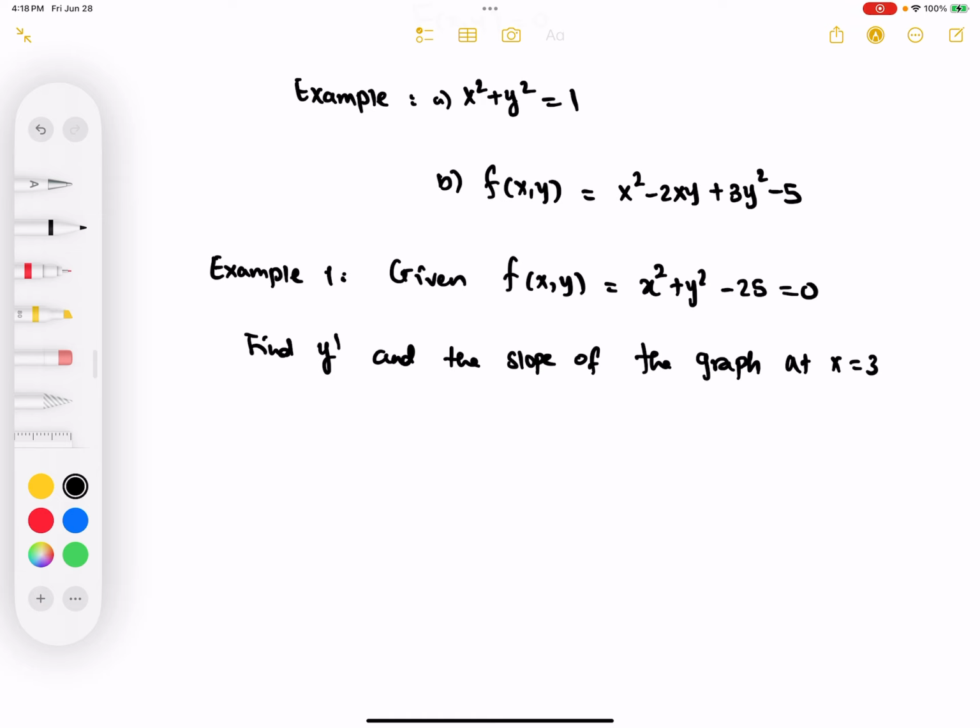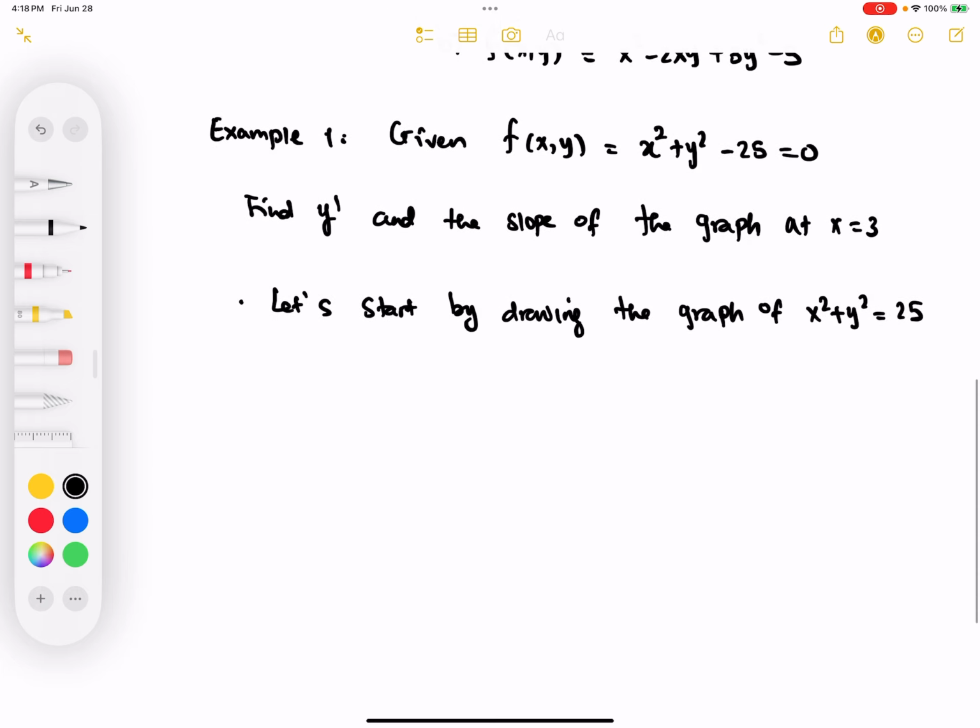Let us start by drawing the graph of x squared plus y squared is equal to 25. This is a circle equation with radius 5.